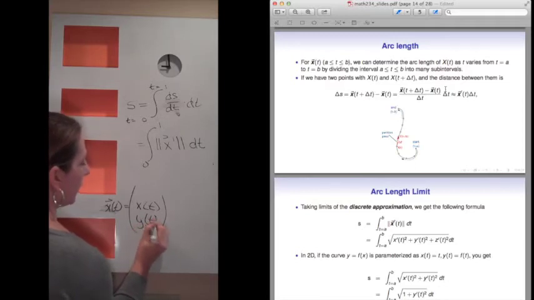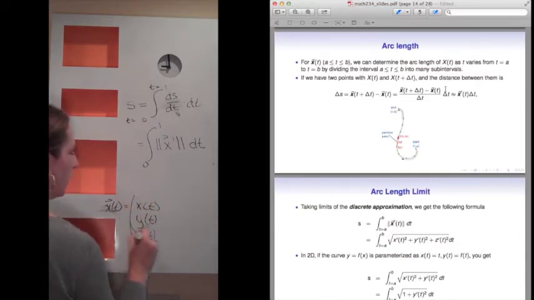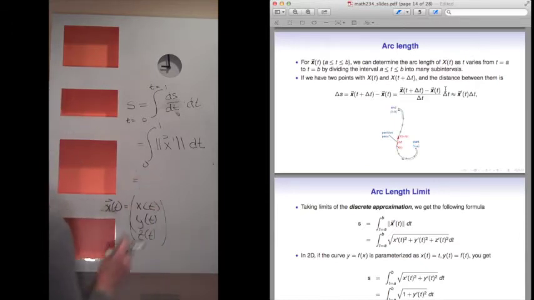where I have x of t, y of t, and I'll go ahead and put a z of t here too. What does this look like?